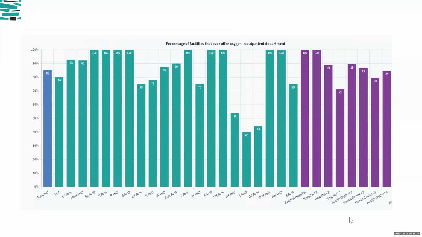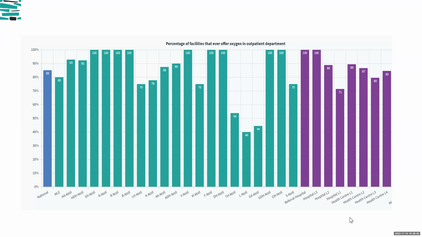Like, for example, one of the atolls may have 13 islands, one of the atolls may have 9 islands. So it's aggregated to atoll, and we also produce the data at facility level and at hospital levels, like hospital level 3, hospital level 2.